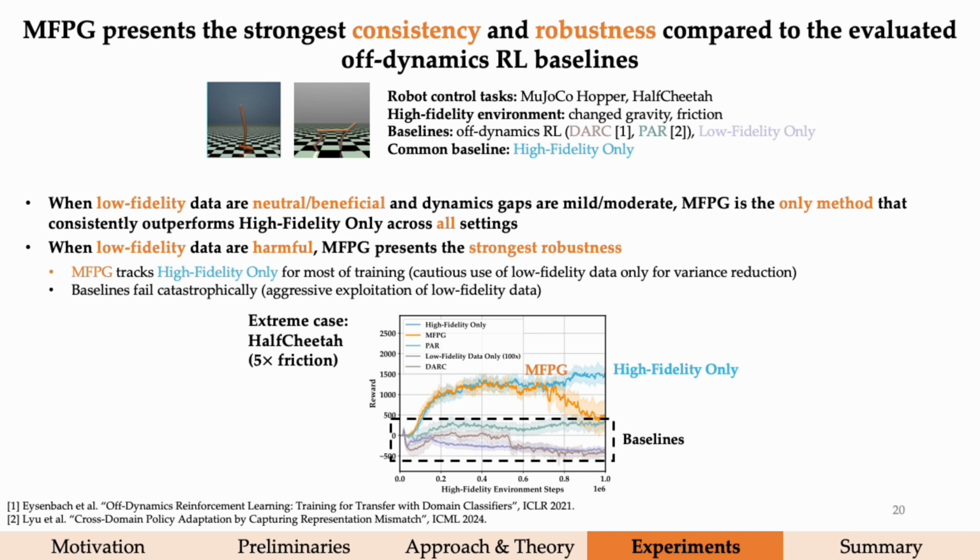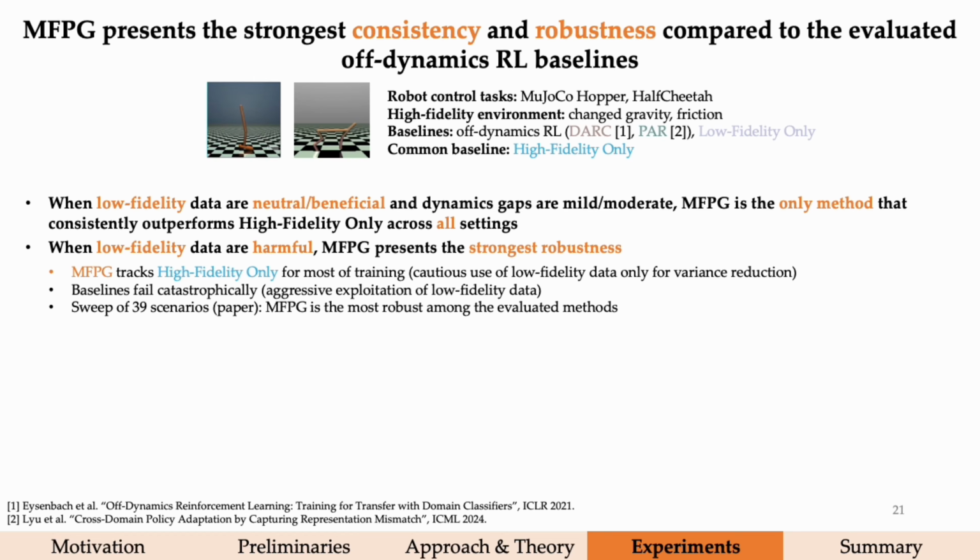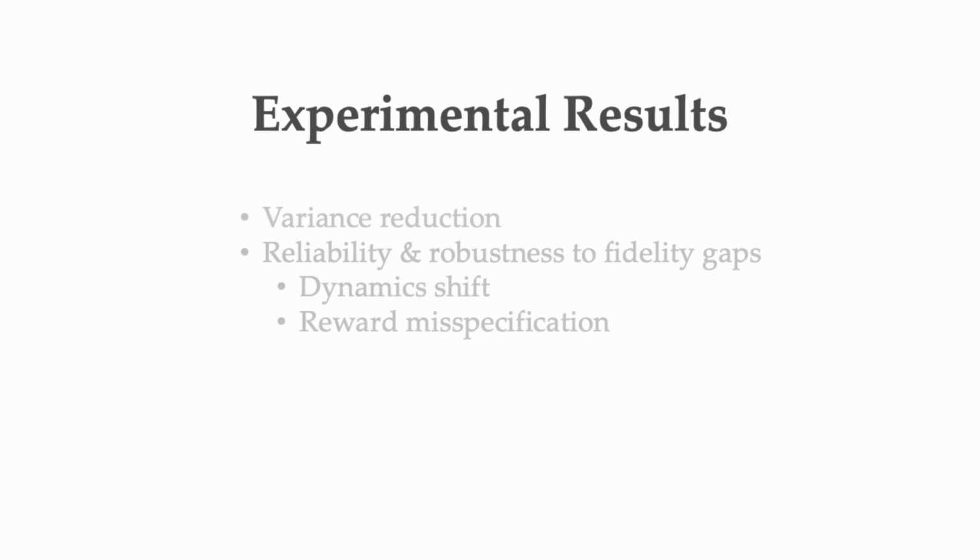MFPG grounds learning in high-fidelity data and uses low-fidelity data cautiously as a variance reduction tool, whereas off-dynamics RL baselines exploit low-fidelity data much more aggressively and can be misled under large mismatch. In the paper, we sweep 39 mismatch scenarios, and MFPG is the most robust among the evaluated methods, again consistent with the idea that MFPG is cautious.